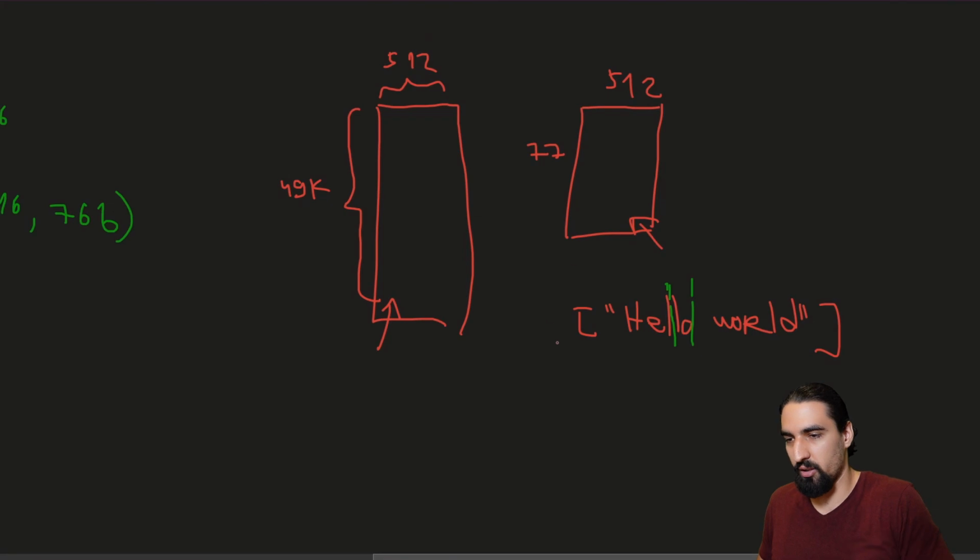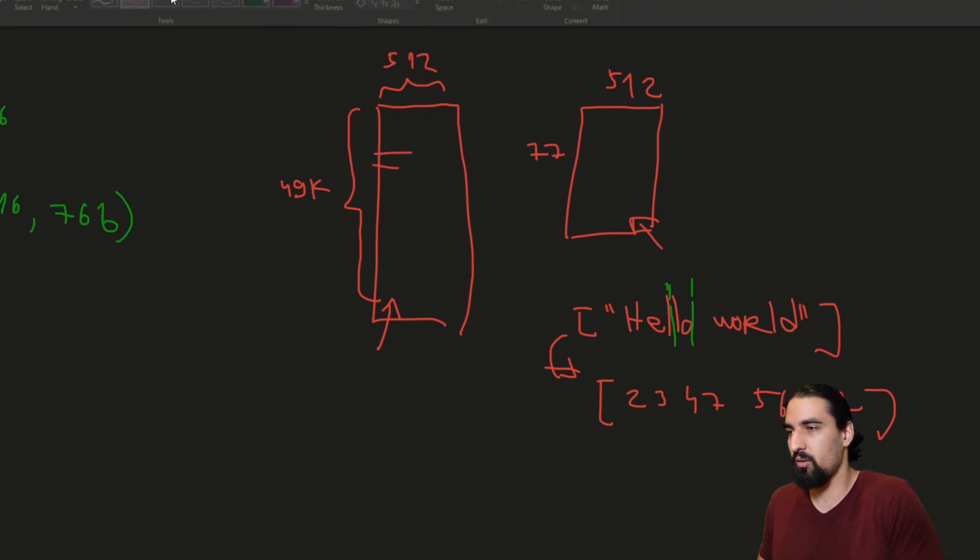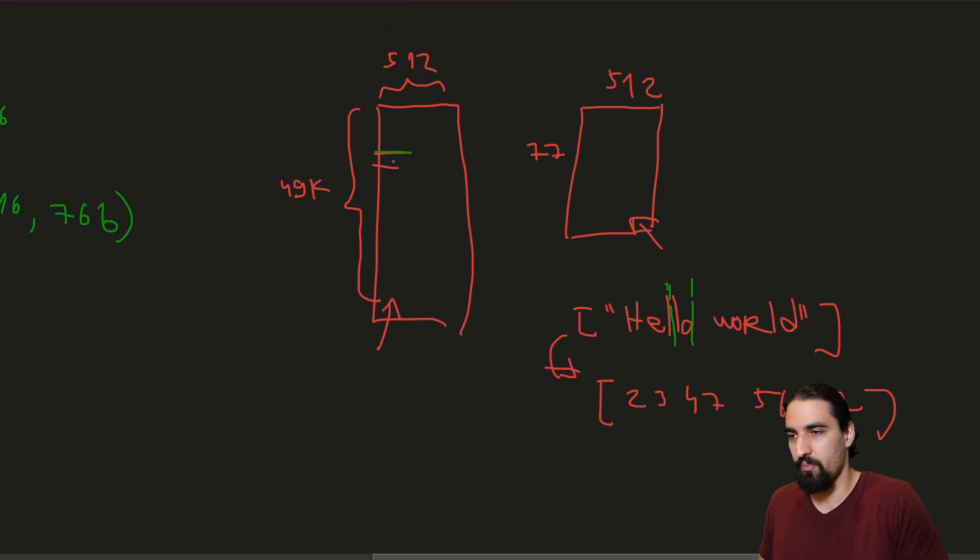And that means we're going to end up with something like, I don't know, 23, 47, 56, 37. And we now use this to index this embedding table to get the associated vector. So 23 means, hey, let's grab the embedding vector that has index 23.